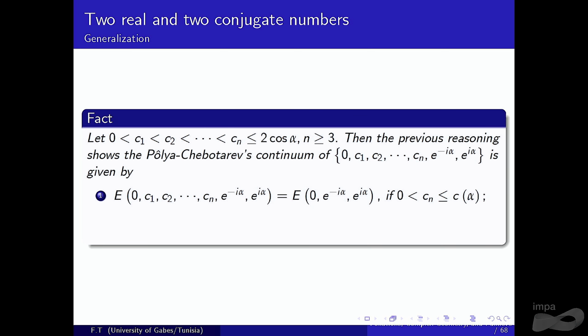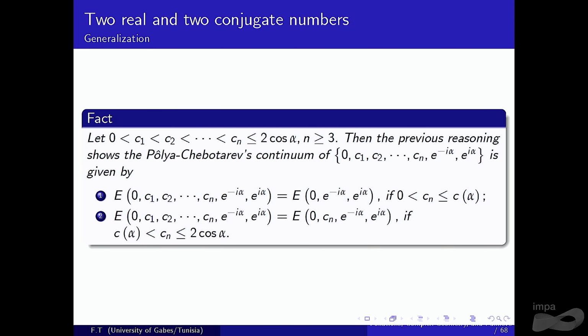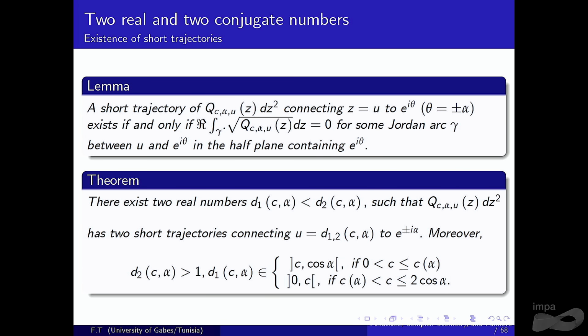We can generalize this result for m real points and two conjugate numbers. We get the same result. Here we are also interested in the existence of short trajectories of our quadratic differential. In fact, we prove the existence of this trajectory in many cases. There exist two trajectories emanating from U and going to exponential plus or minus I alpha.